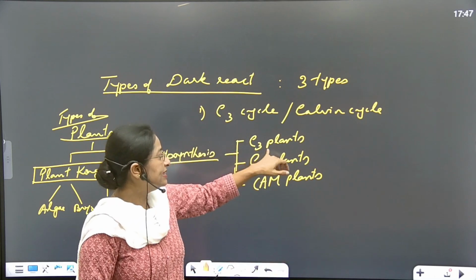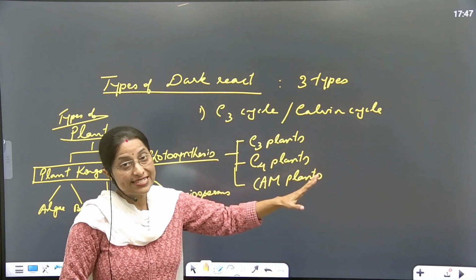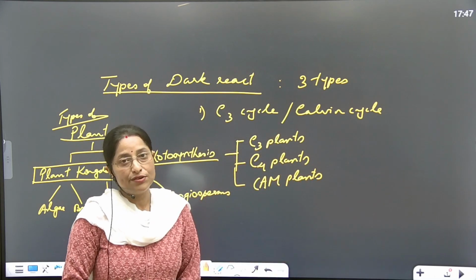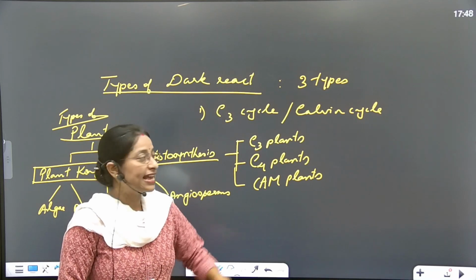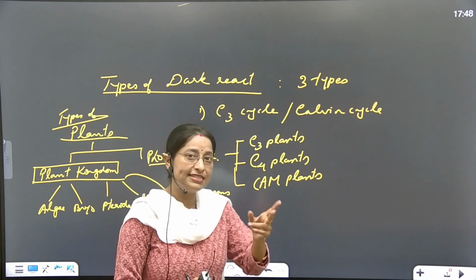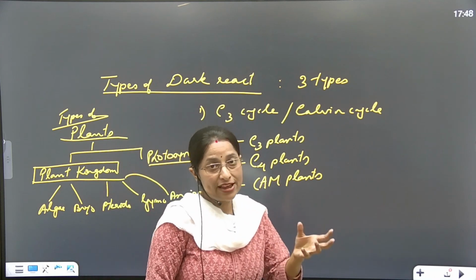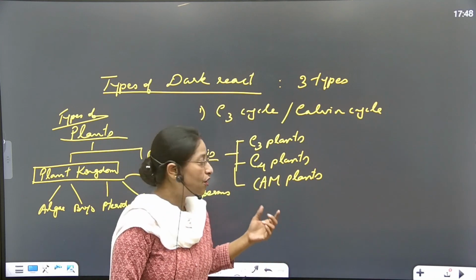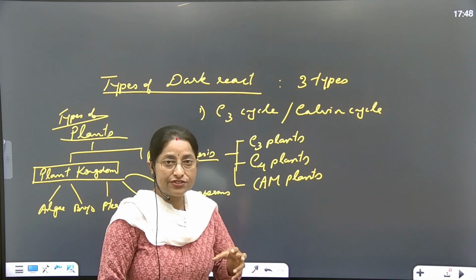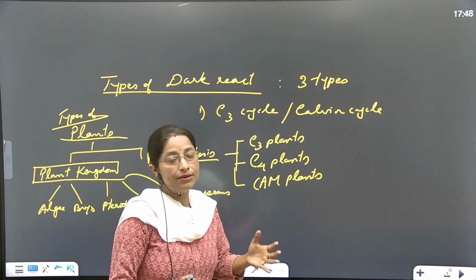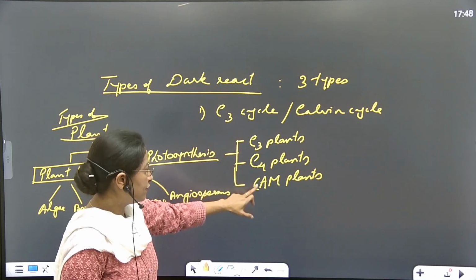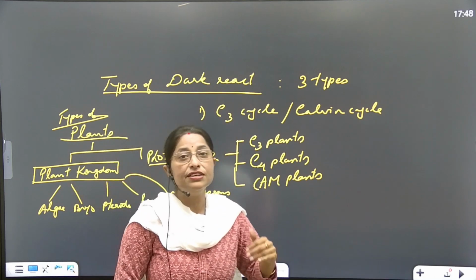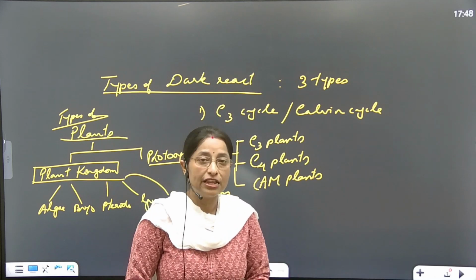In C3 plants, they will be undergoing the C3 cycle. In C4 plants, they will have the C4 cycle, and together with that, they will be undergoing the C3 cycle. And in CAM plants also, we'll see the combination of the C4 reactions first, and after that, we'll be talking about the C3 reaction. So from photosynthesis point of view, we have 3 types of plants, and depending on the plants, the type of dark reaction that we see is different.